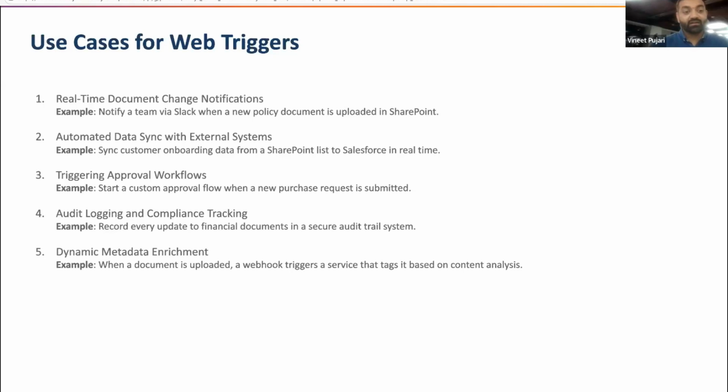You can also record every update to financial documents using an audit trail system. And you can do dynamic metadata enrichment, which means every time a document is updated, you can take its metadata and update it in another system of record based on some analysis, right? These are some common use cases for web triggers in general and SharePoint in particular.